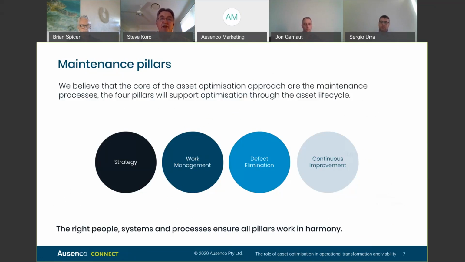I've discussed in the previous slide business plan, corporate objectives, and asset management objectives. But now we're down to the maintenance strategies or the maintenance tactics. And what we recommend is that by using RCM methodology, you can determine what are the maintenance activities required for an asset to reliably and consistently deliver its function.